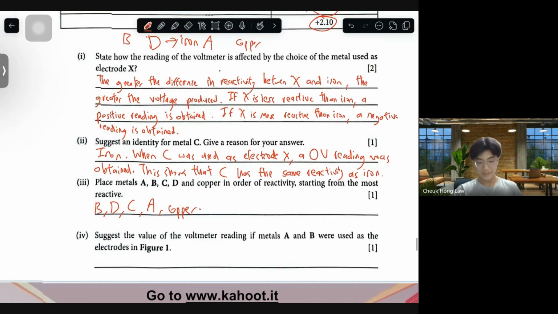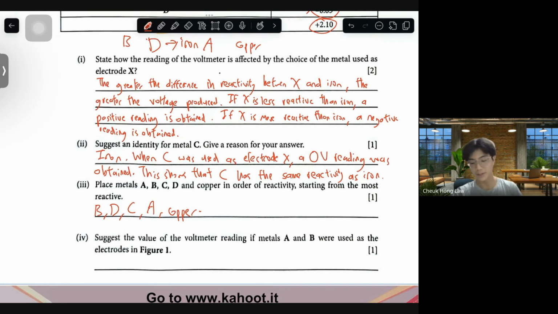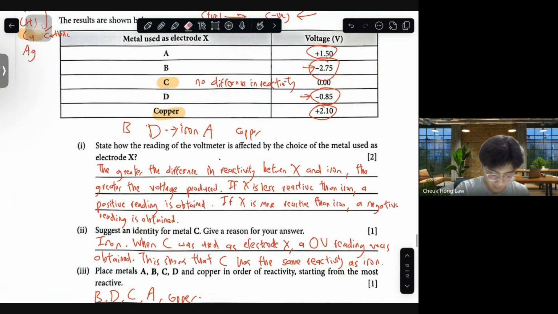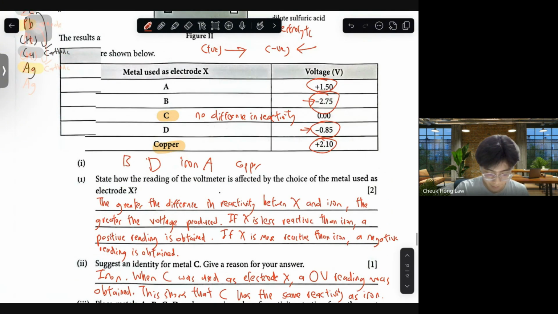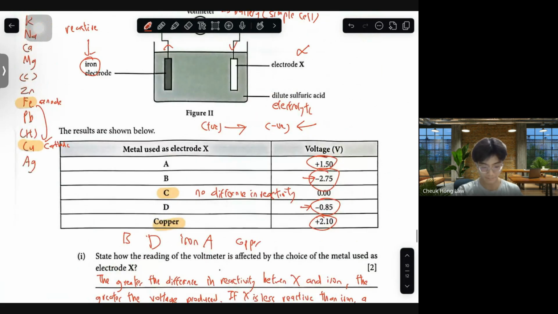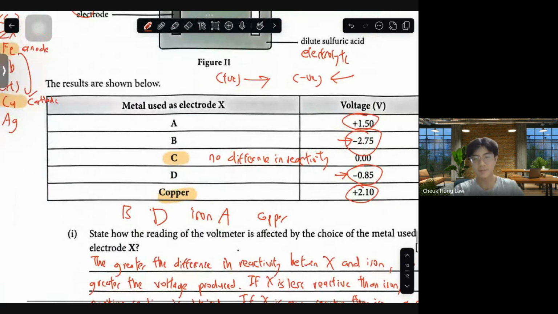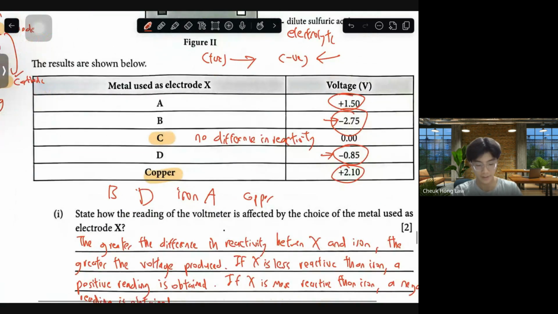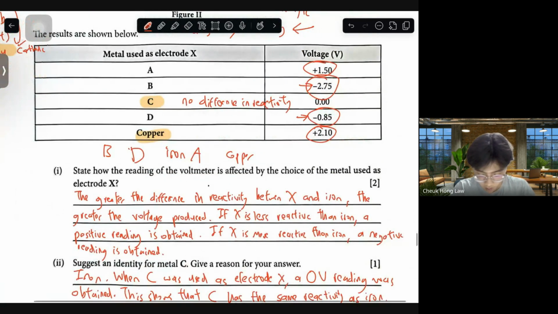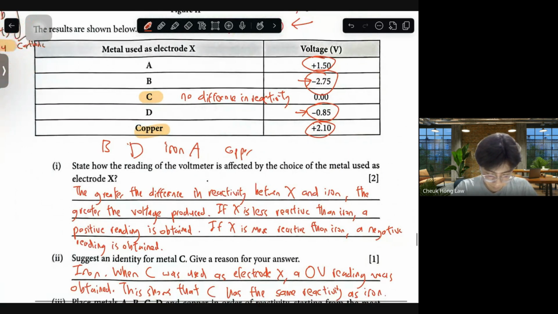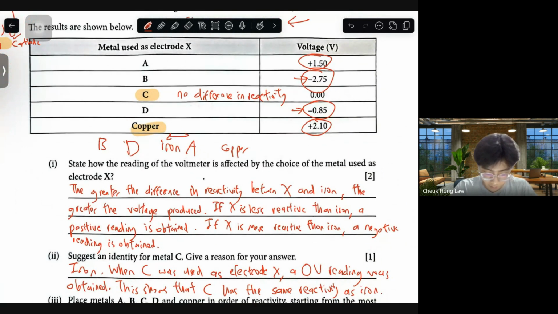Suggest the value of the voltmeter reading if metals A and B were used as the electrodes in figure 1. So if metals A and B were used, what is the value of the voltmeter? They just want the value, they don't care about the sign. I know that from iron to A, it is positive 1.5 volts.